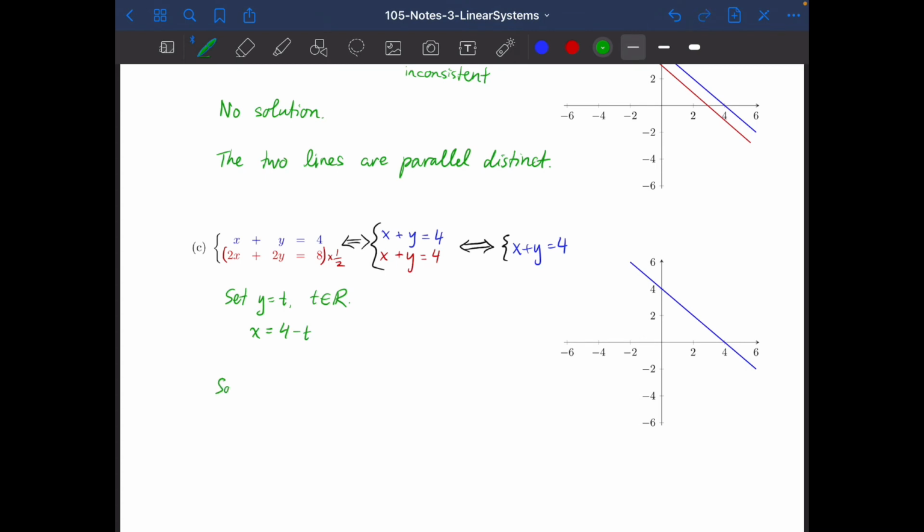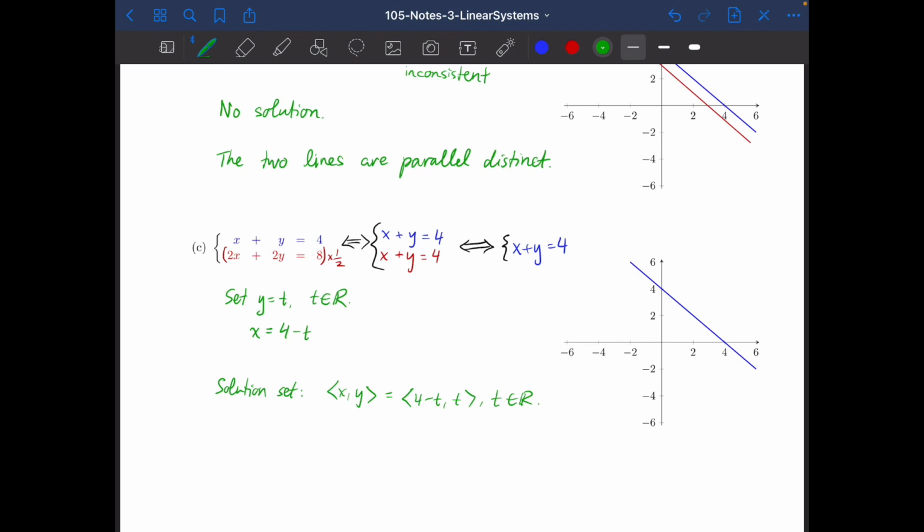We can now write the solution set as (x, y) equals (4 minus t, t) for any t in R. And so any value we choose for t to plug into the vector (4 minus t, t) will give us a solution to the system of linear equations. This means that the system has infinitely many solutions.